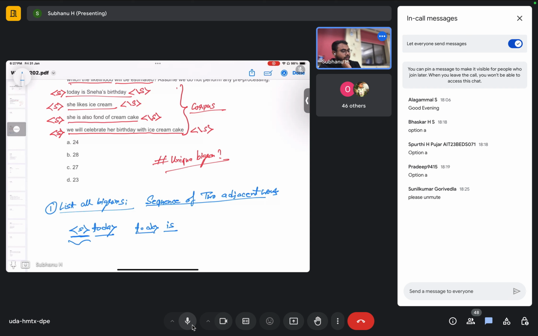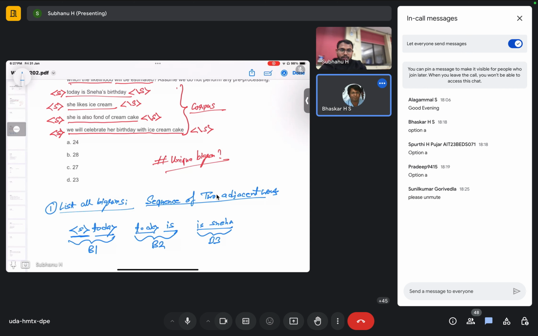So this is bigram one, this is bigram two. Then "is Sneha" is also a bigram, bigram three. So like this you have to work through all four sentences and find the number of unique bigrams. Can you please work on this and tell me how many unique bigrams there are?